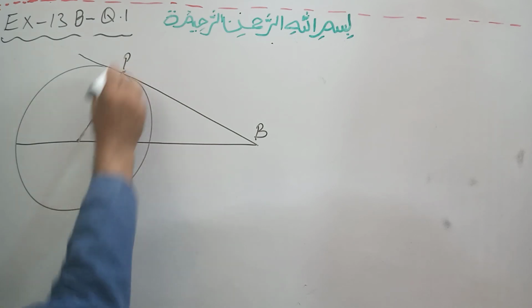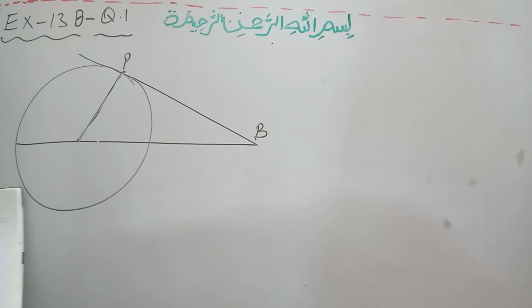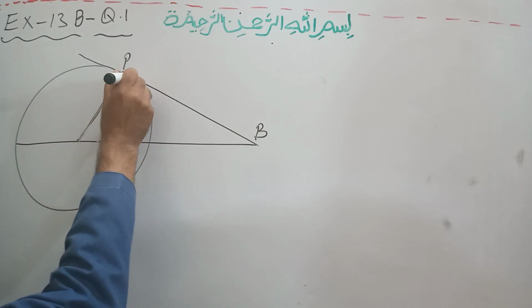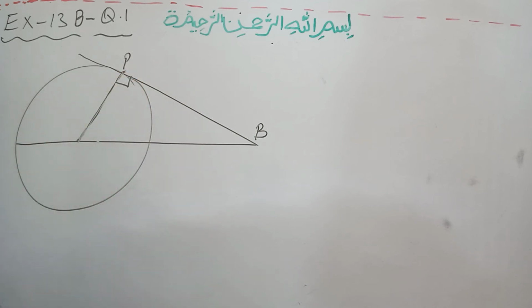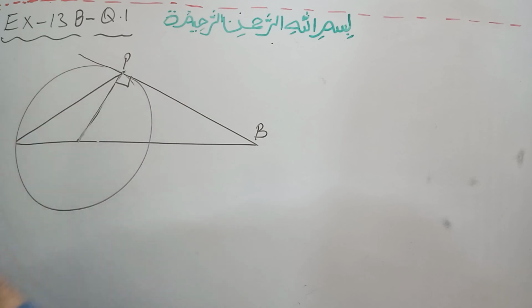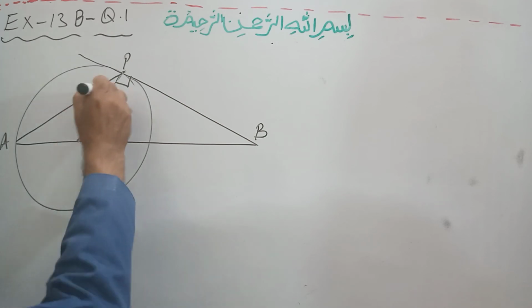This means this is the radius of the circle, and you know that this radius will make a right angle with the tangent to the circle, and he has also joined the point A on the circle to P. Angle at P is 33 degrees.